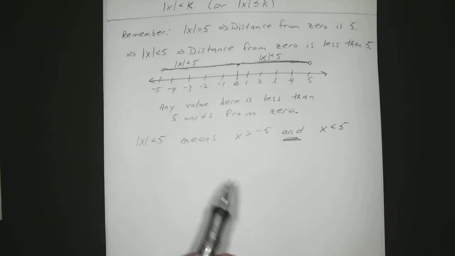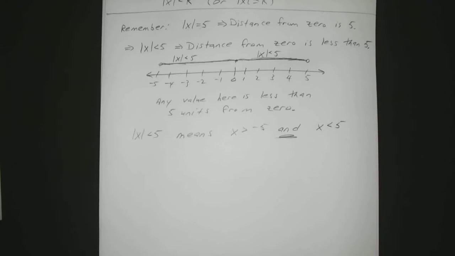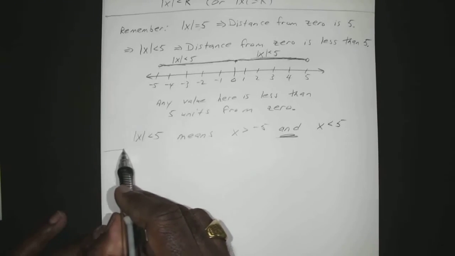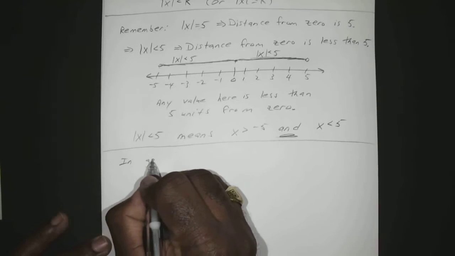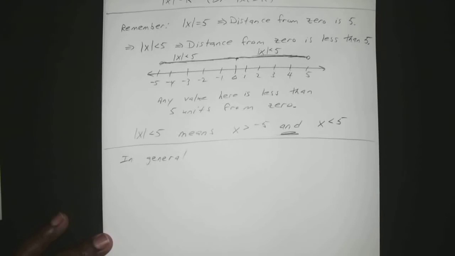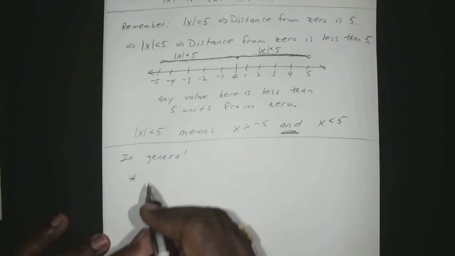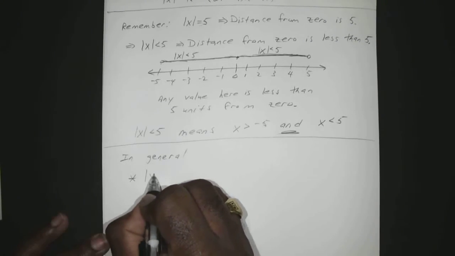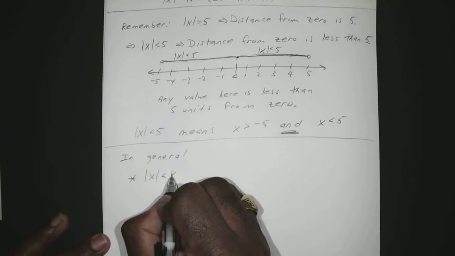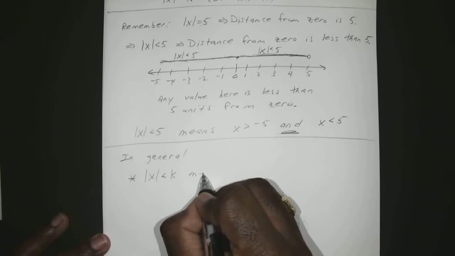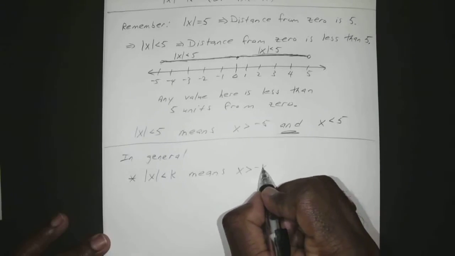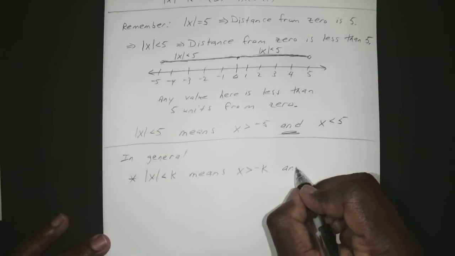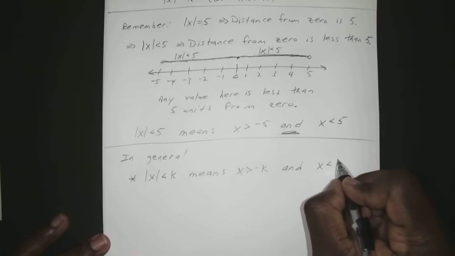All right, so this is going to give us kind of a general formula like we had before. So in general, if we have the absolute value of x is less than k, that just means that x is greater than -k, and x is less than k.